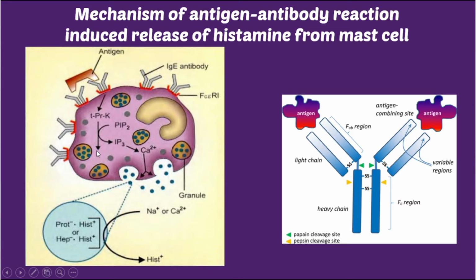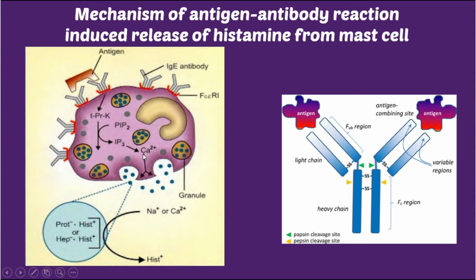in the presence of this reaction. So tyrosine protein kinase activates phospholipase C, causing this conversion. Ultimately there is synthesis of IP3, and this IP3 causes release of calcium plus activation of protein kinase C. Both are required for release of histamine. These are histamine granules present inside the mast cell.